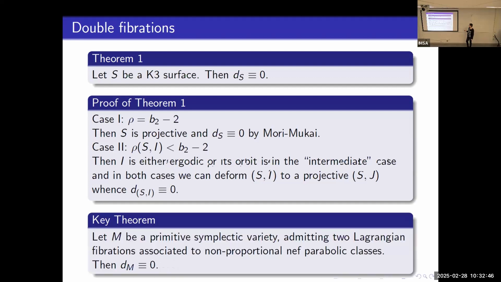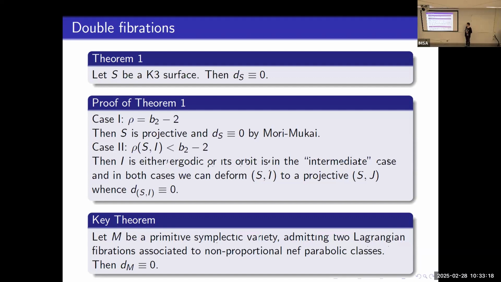Then, when we talk about hyperkahlers, we need something different. So in the high-dimensional case, we also need this key theorem. This is a special observation. What happens if you have two Lagrangian fibrations? And this is the same idea as the idea of projective K3 surfaces.